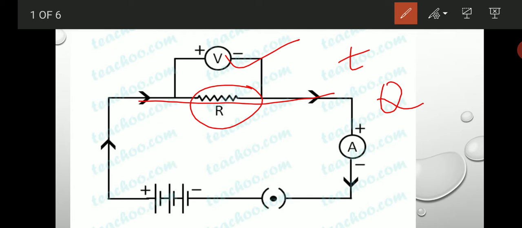So the work done in moving the charge Q through a potential difference V is what? This we already learnt in the earlier classes, right? So work done is equal to the product of potential difference and charge, that is V into Q.